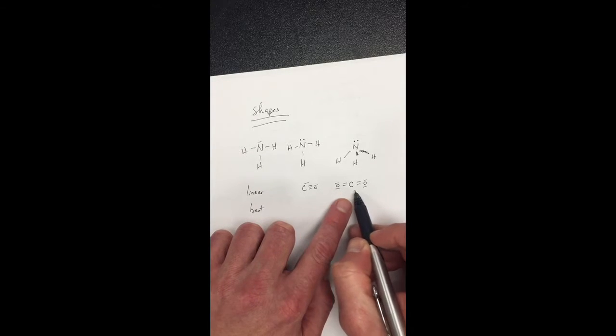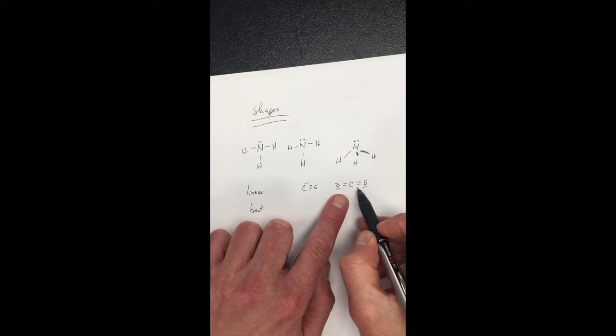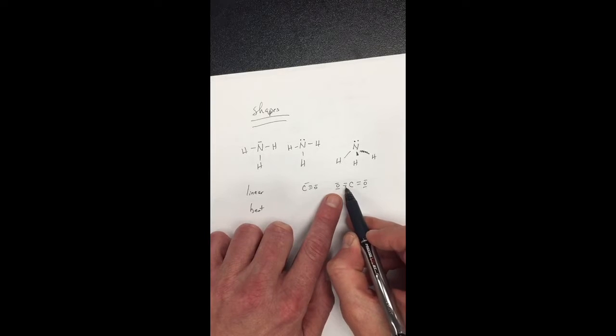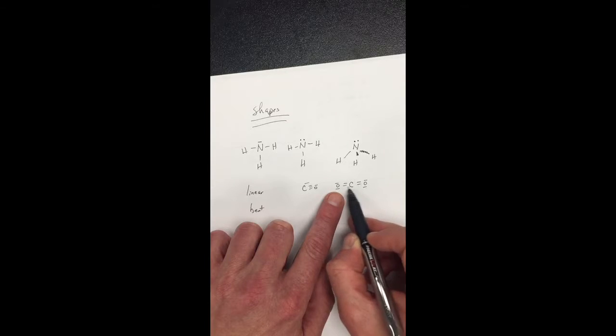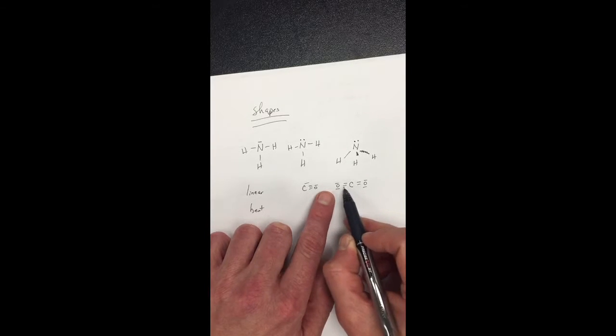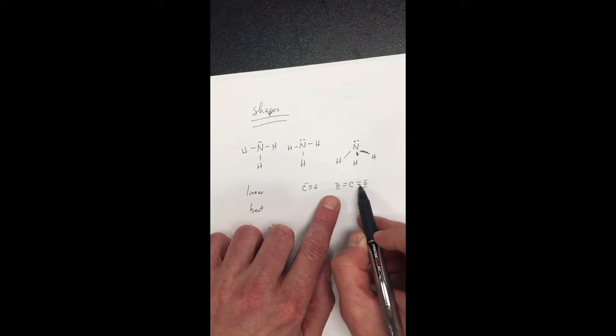Electrons are negative, and this is sort of the thing that you have to remember. Electrons are negative, and they will repel other electrons. So these electrons and these electrons are going to orient themselves so that they have as much elbow room from each other as possible. 180 degrees is the greatest angle possible.